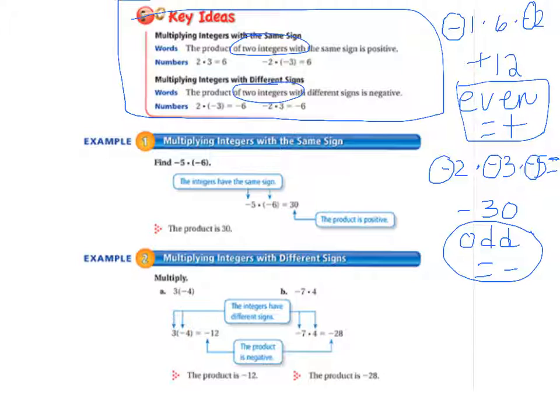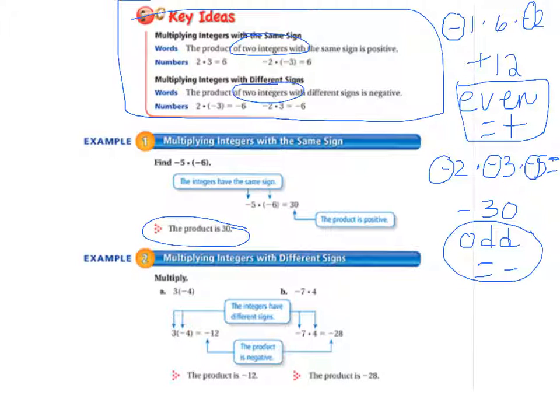So let's do a couple of examples here. Multiplying integers with the same sign, we have -5 times -6, and the integers have the same sign, so there's an even number of negative signs. There are two of them. So -5 times -6 equals a positive 30, so the product is 30.